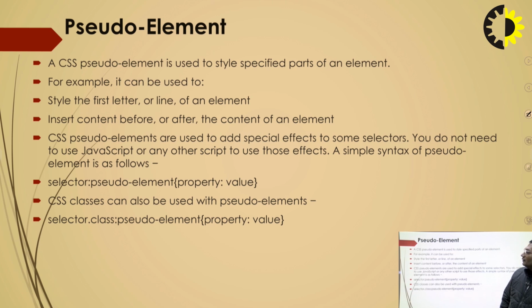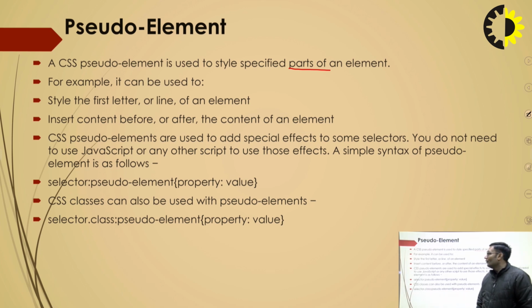Till now we are just applying some rule on a pseudo class, or you can say a state of an element, but here we will apply style only to a specified part of an element.